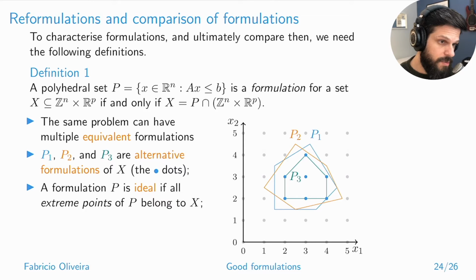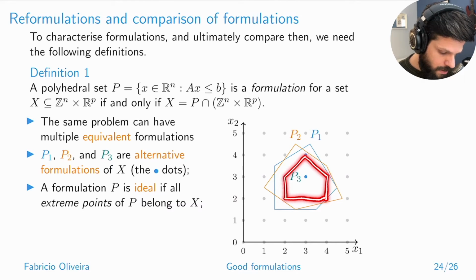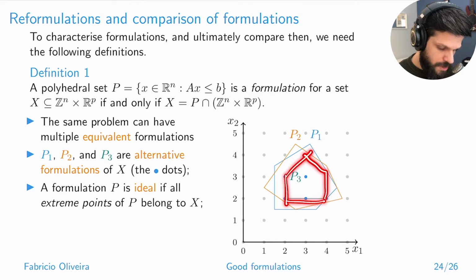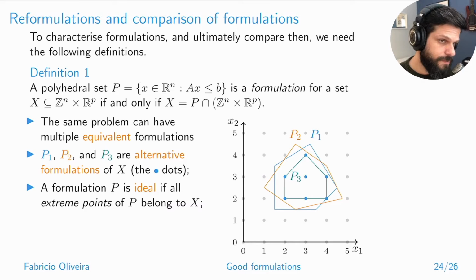P3 is remarkable because it is exactly the convex hull of this original set X, right? So if I do the convex hull of these points, I get exactly P3.